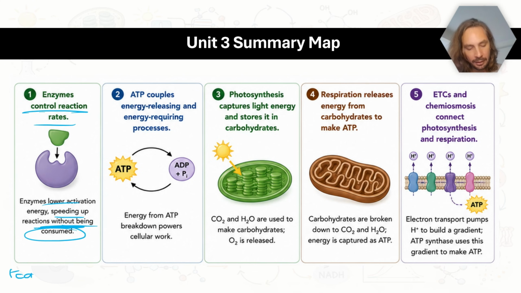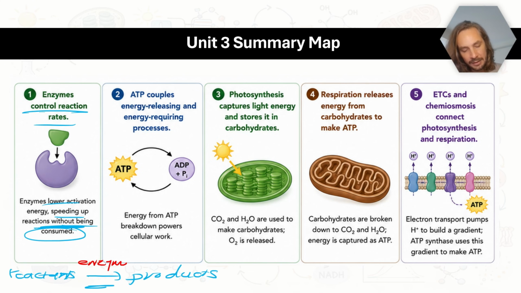So if I have the reactants and this is the chemical reaction and this is the product, the enzyme doesn't form part of that. It is here on top of this arrow because it just speeds up that reaction, and it can be used over and over again.